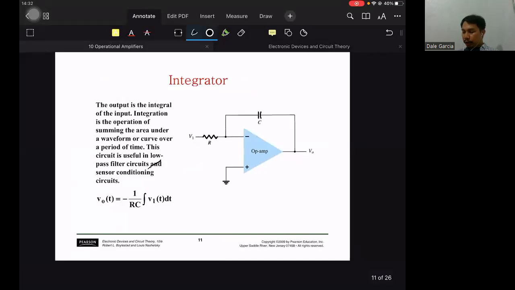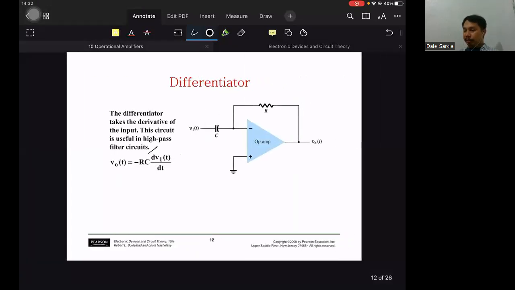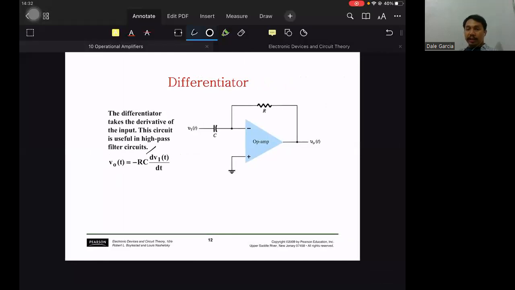So this answers the question, why is the op-amp called an operational amplifier? Because the operations it can perform are mathematical operations. The very old analog electronic computers that could perform scientific calculations were made up of these kinds of circuits.